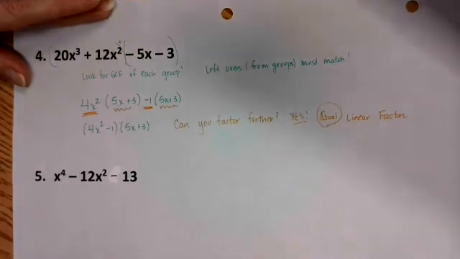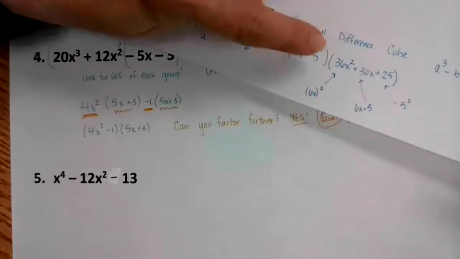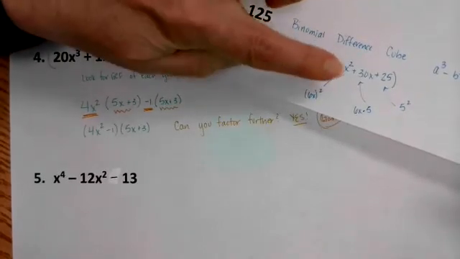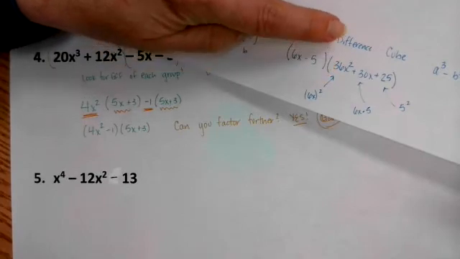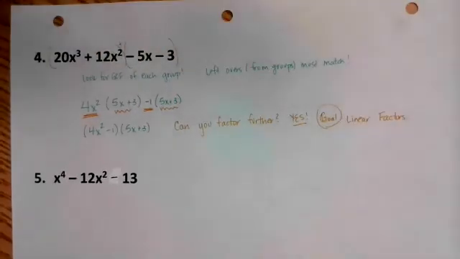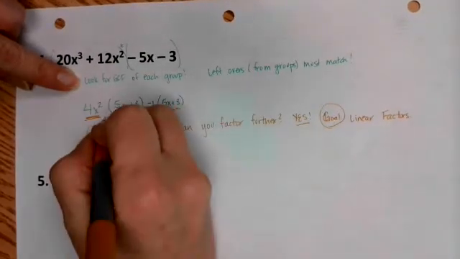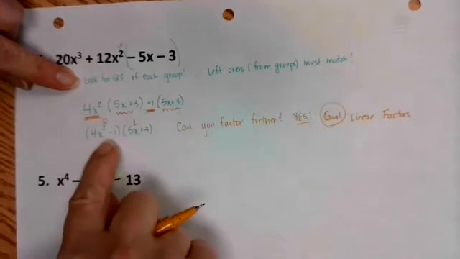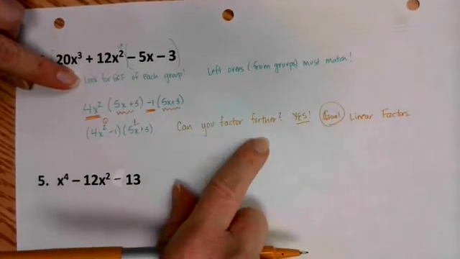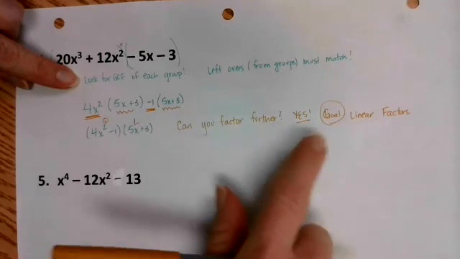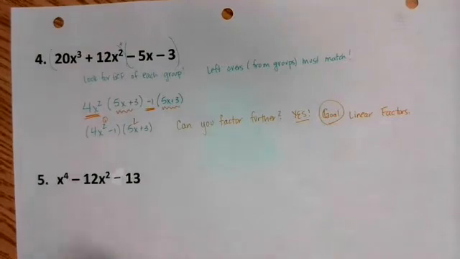So when I dealt with number 3, I did not have all linear factors. This is a linear factor, degree 1, but it was a quadratic factor for this one. But this will never factor more because it came from the difference of cubes. I have a linear factor and a quadratic factor. This quadratic factor can factor further. So I need you to factor as far as you can to see if you can get linear factors. You can't always get them, but sometimes you can.